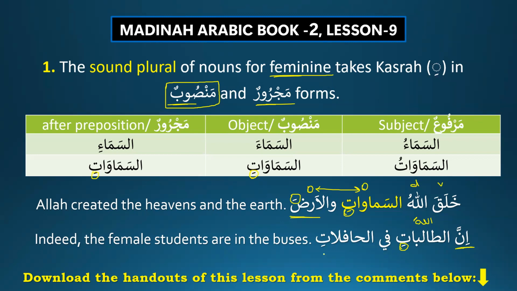Fil hafilati, and here it is majroor. Why is it majroor? Because here it has a harf jar before it. So as I mentioned earlier, from the context we will be able to know if the noun is mansub or majroor. Here it is majroor and here it is mansub, in the objective or accusative case.